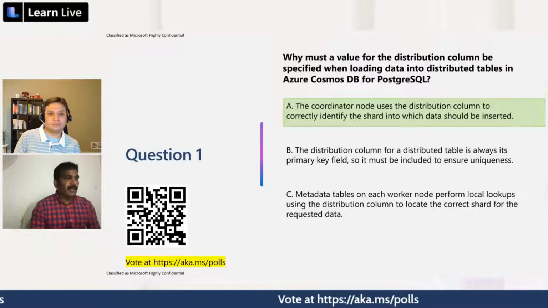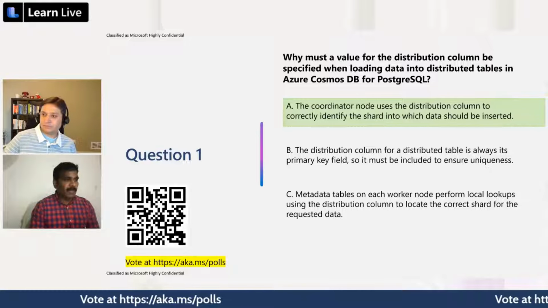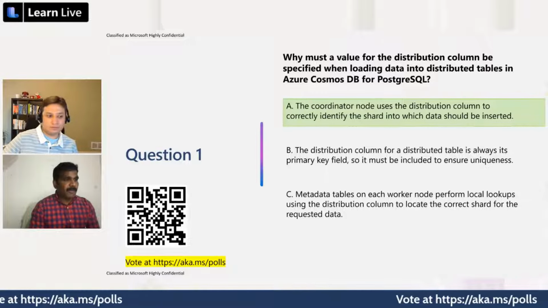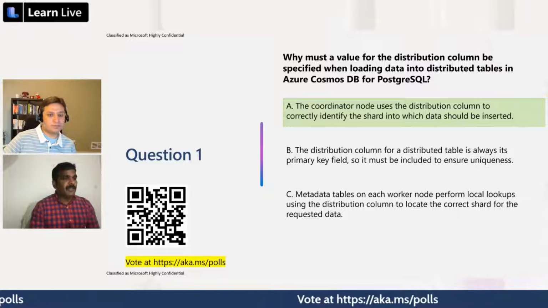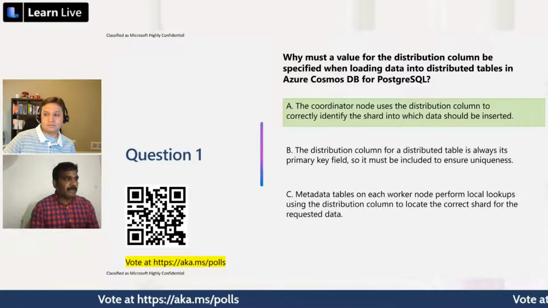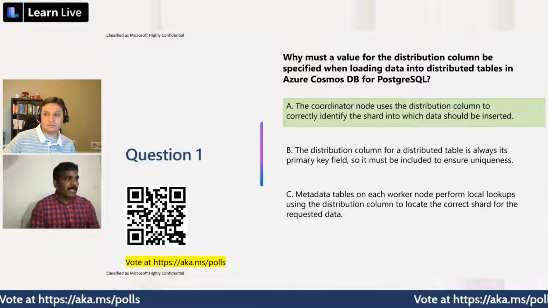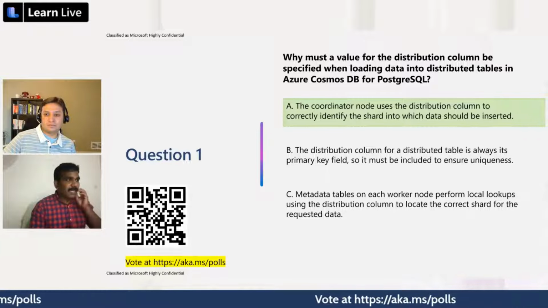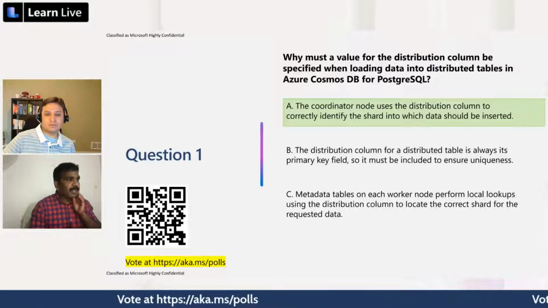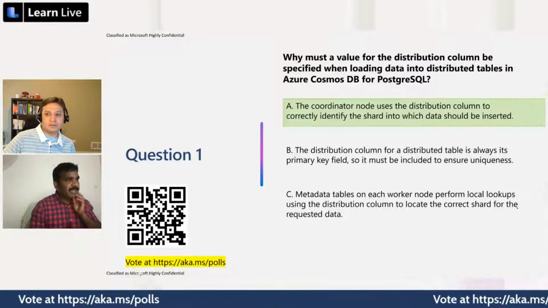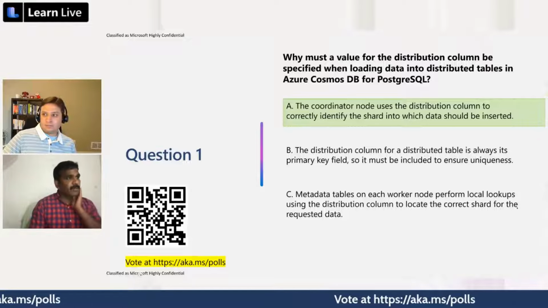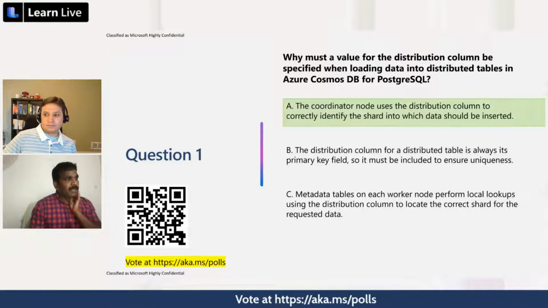The coordinator accesses the row's distribution column and compares the hash values to the assigned hash range for each shard. The comparison identifies the shard into which the data should be inserted. The right answer is option A.